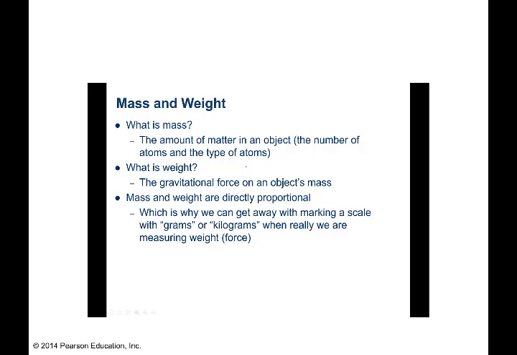Okay, so we will also discuss the differences between mass and weight. Mass is the amount of matter in an object, the number of atoms it's made up of. Weight is the gravitational force, its units are newtons, and it's actually a force, and it varies from place to place.